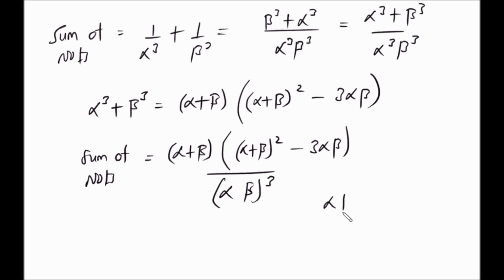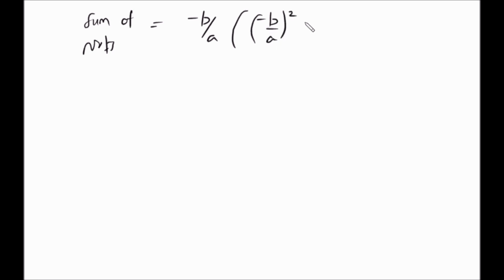Sasa remember tulisema alpha plus beta ni sawa negative b over a na alpha beta tulisema ni c over a. Kwa hapa kwenye alpha plus beta tunaweka negative b over a na hapa kwenye alpha beta tutaweka c over a. Kwa hiyo sasa sum of roots itakuwa sasa negative b over a, so gonna have negative b over a squared minus 3 c over a, yani 3 times alpha beta over c over a cube.